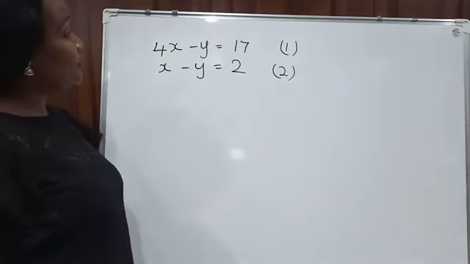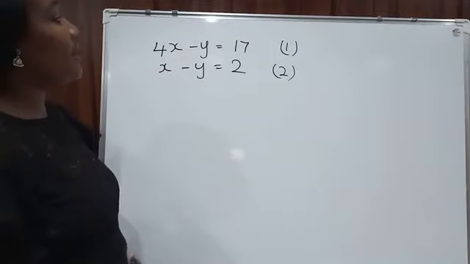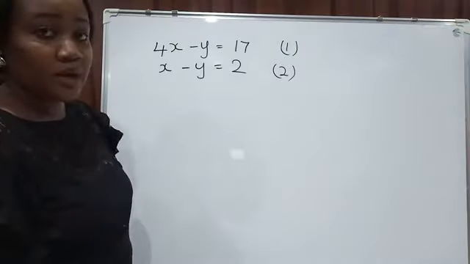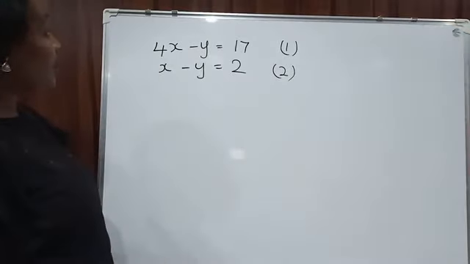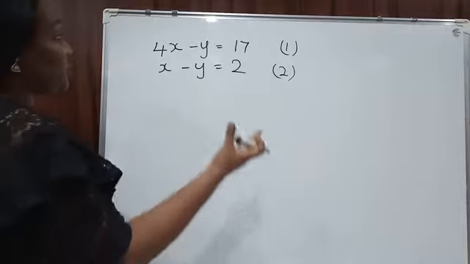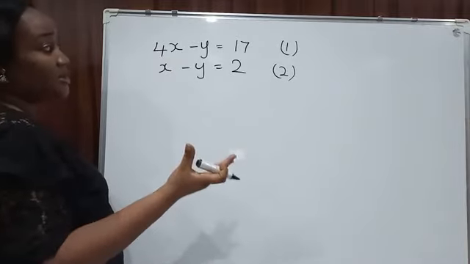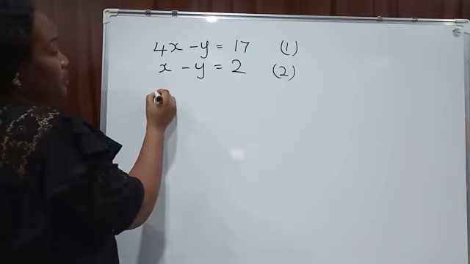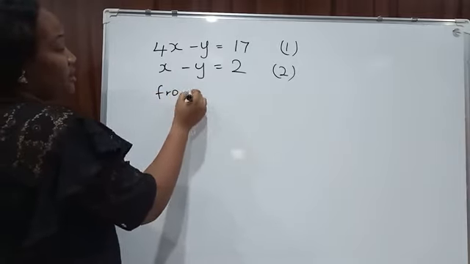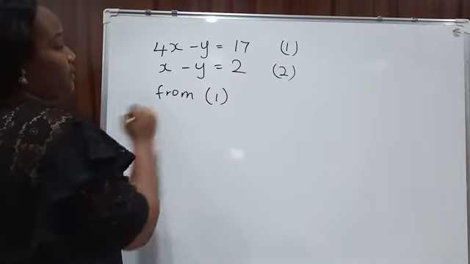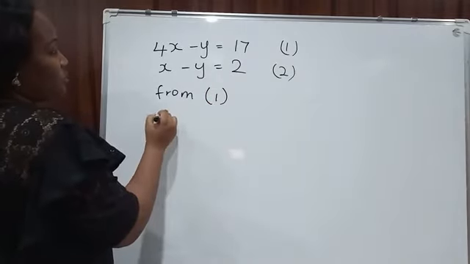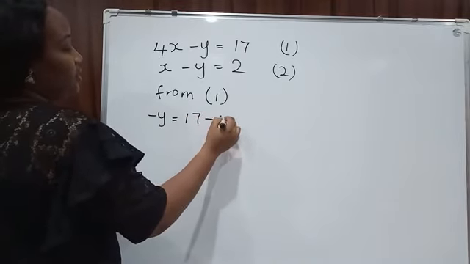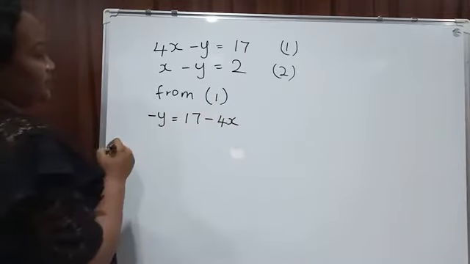So now we have this example: 4x minus y equals 17 and x minus y equals 2. You can use any of them. Let's use equation 1 and make y the subject of the formula. From equation 1, we have minus y equals 17 minus 4x.